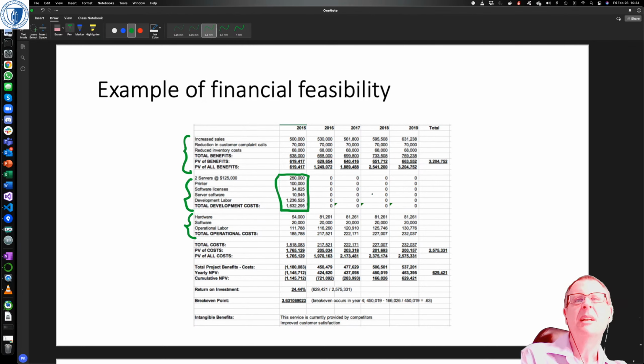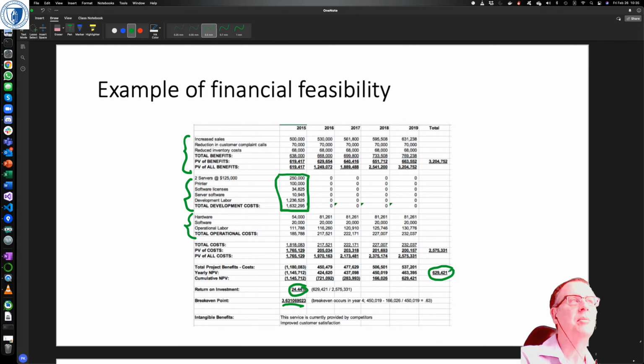And then the figures of merit that they have, there's a return on investment of 24%, which is pretty good. There's a break-even point of 3.63 years. This is a pretty big project. And then the net present value is another figure that sometimes people use.